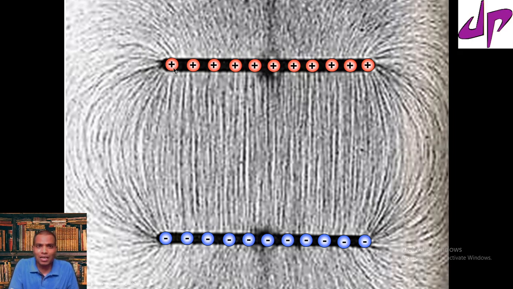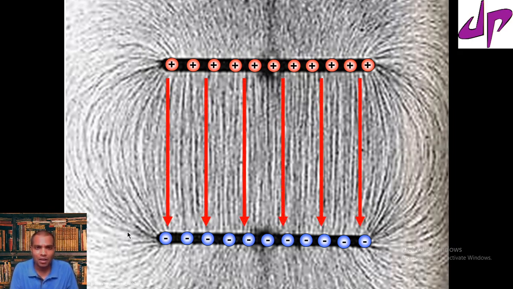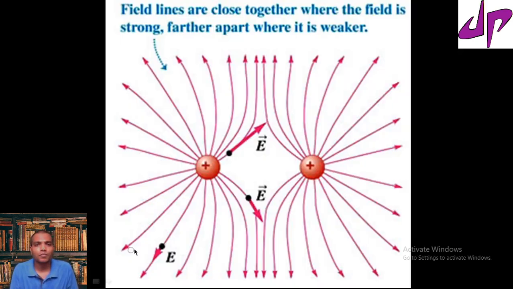One is exactly the positively charged plate, another one is the negatively charged plate. In between, you can see the electric field lines are straight. So this is the electric field lines pattern between the two oppositely charged plates. This is the exact visual representation of the two oppositely charged plates.